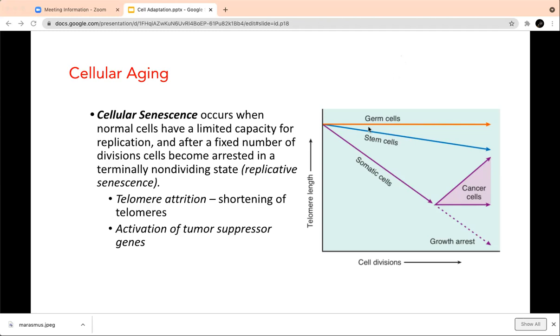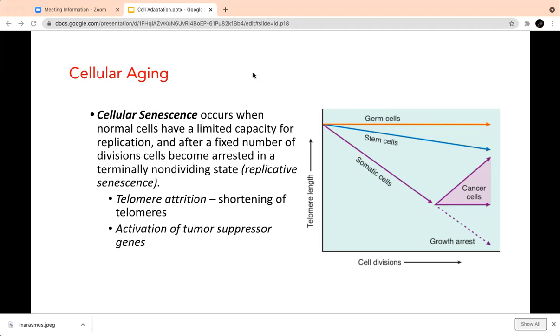We have the telomere attrition. Ibig sabihin, there is shortening of the telomeres. Remember that telomeres are short repeated sequences of DNA. All right, and telomerase is a specialized RNA complex that uses its own RNA as a template and adds nucleotides to the ends of the chromosomes. So, yung telomere length naman is maintained by nucleotide addition mediated by an enzyme called telomerase.